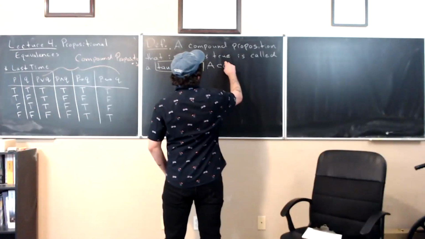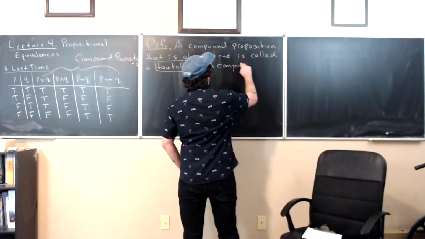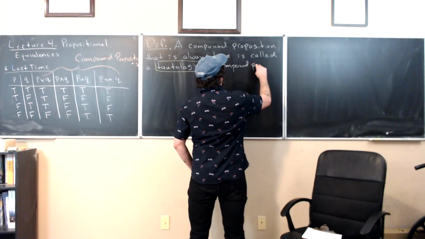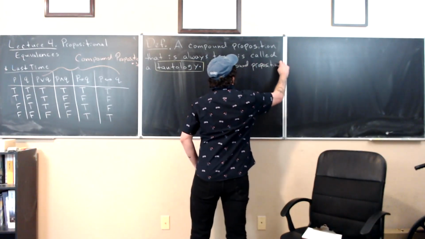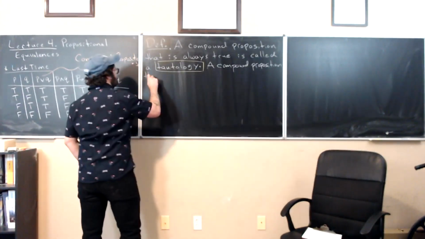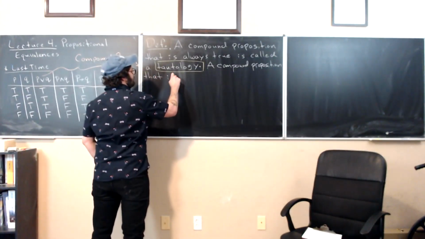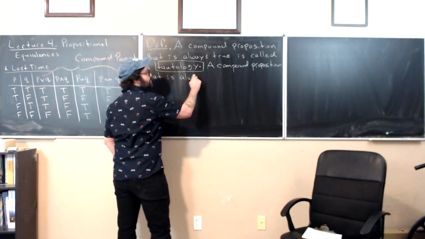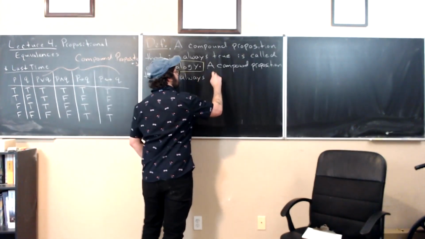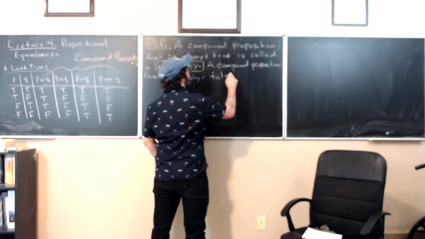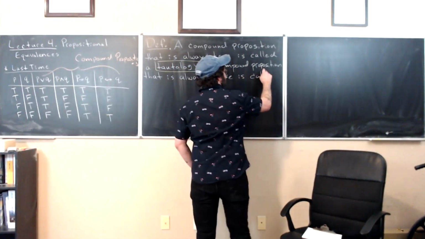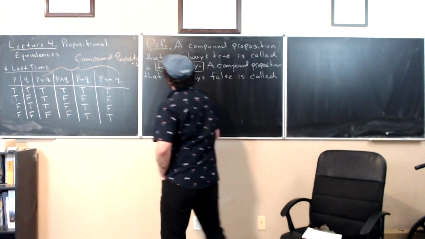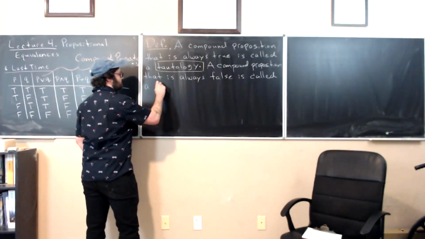So next part, a compound proposition that is always false is called a contradiction.